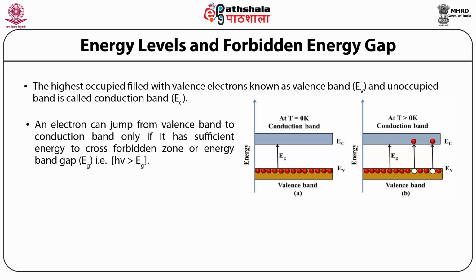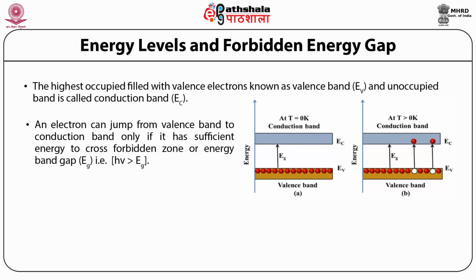At low temperature, which is shown in figure A, there is no transition of electrons from the valence band to the conduction band. But when the temperature is raised greater than 0 Kelvin, as shown in figure B, the electrons achieve sufficient amount of energy to cross the barrier and they move from the valence band to the conduction band.